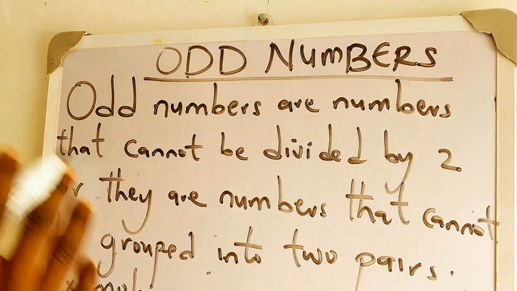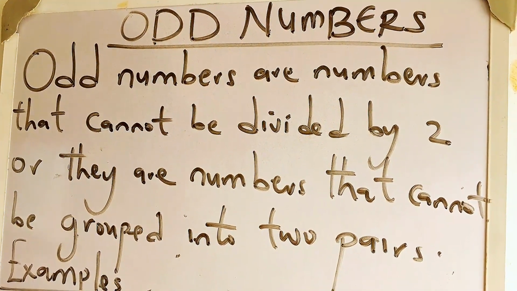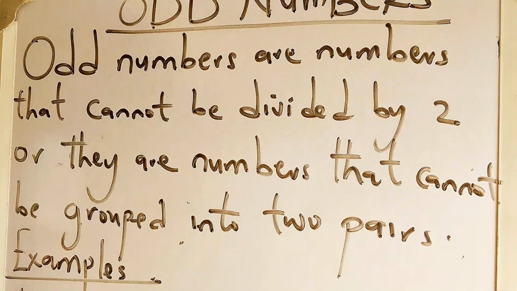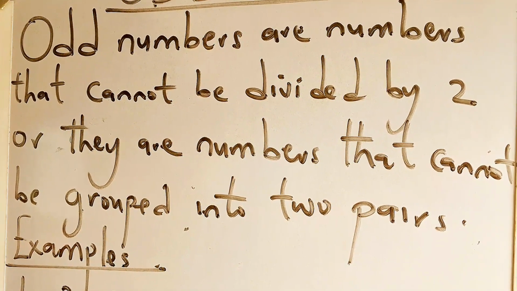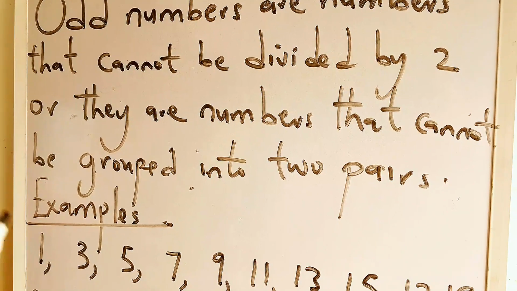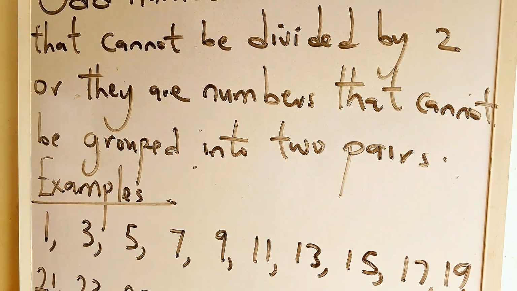These are odd numbers. I repeat, odd numbers are numbers that cannot be divided by 2, or they are numbers that cannot be grouped into 2 pairs. That means they cannot be divided into 2 pairs like even numbers.